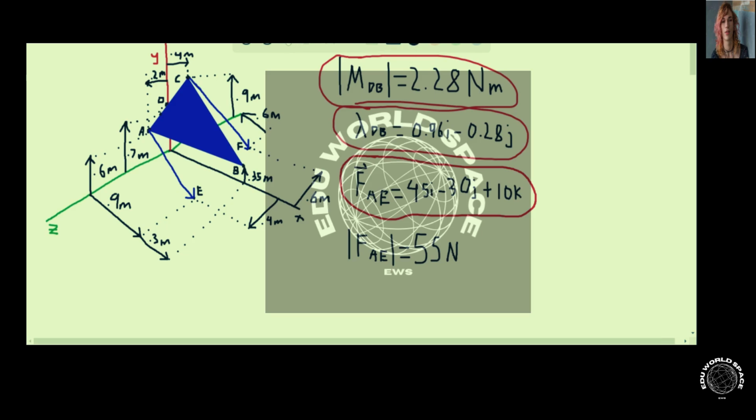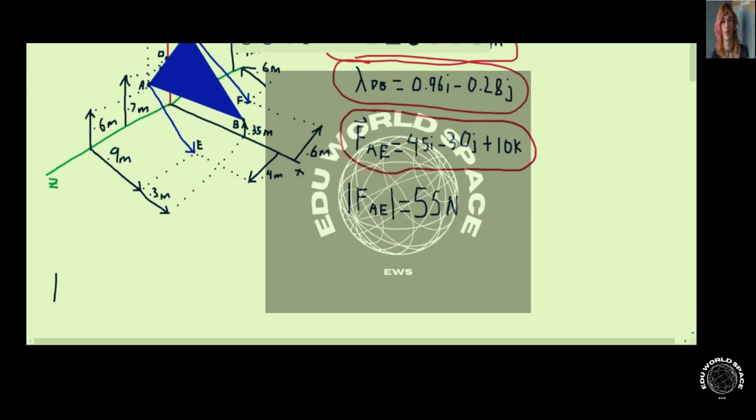To start with, we're going to first find the parallel component of this force vector A to E. The parallel component, which I'll call F1, is going to be equal to the unit vector from D to B times the dot product of the force vector from A to E. So we can plug in those terms.